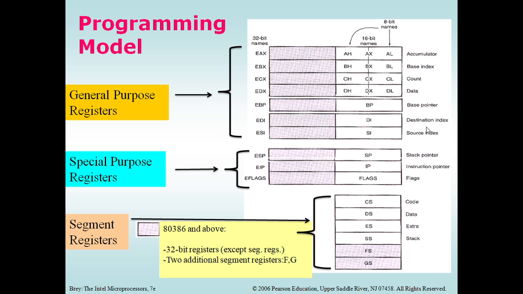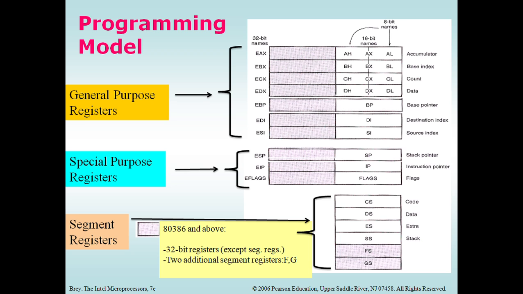Destination index is normally used with the string instruction to provide an offset address in the extra segment. Source index similarly is used with the string instruction to provide the offset address for the source segment, that is normally the data segment. So these are general purpose registers, and they can be used for different purposes.